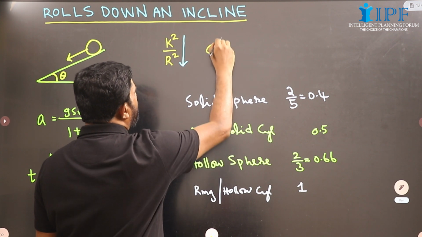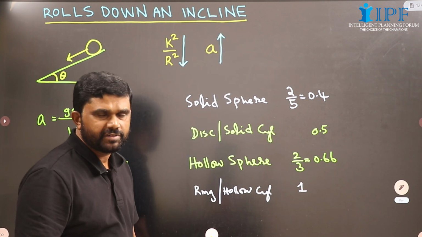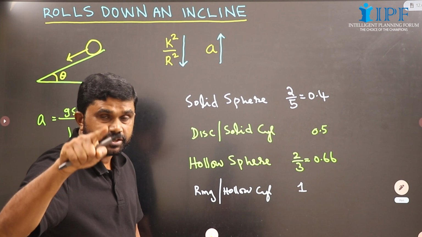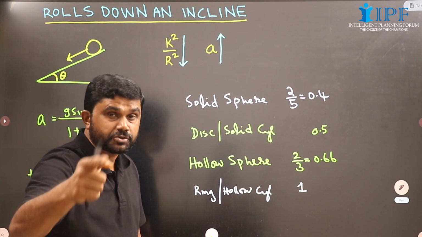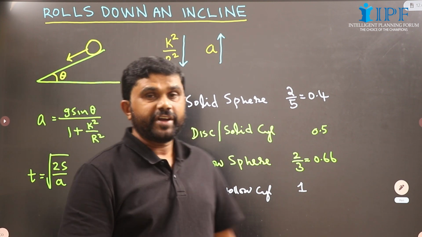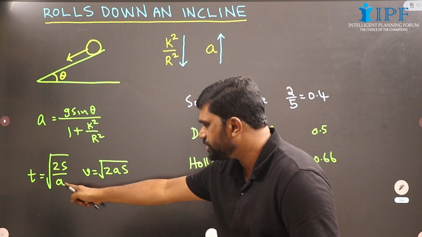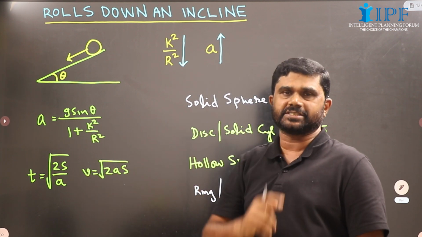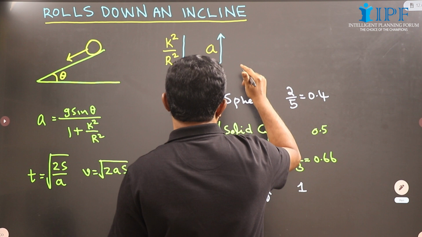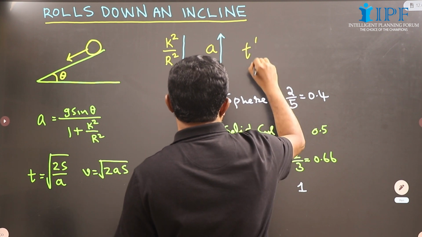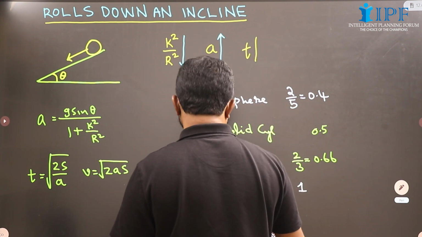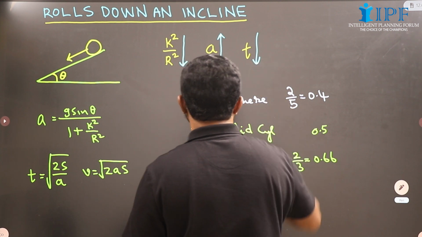In the expression for acceleration, k square by R square is in the denominator. Children, please listen. If this k square by R square is smaller, then acceleration will be more, because k square by R square is in the denominator. And when acceleration is more, time will be less.